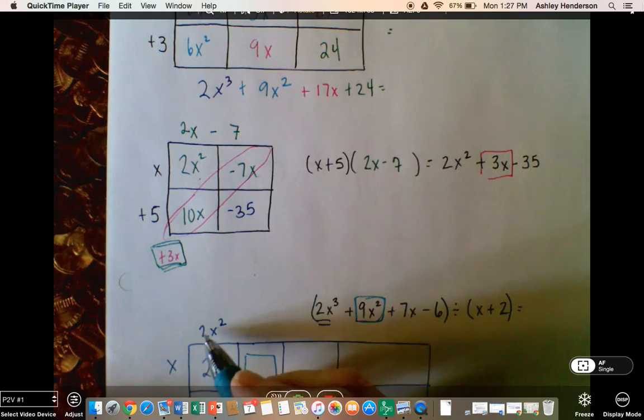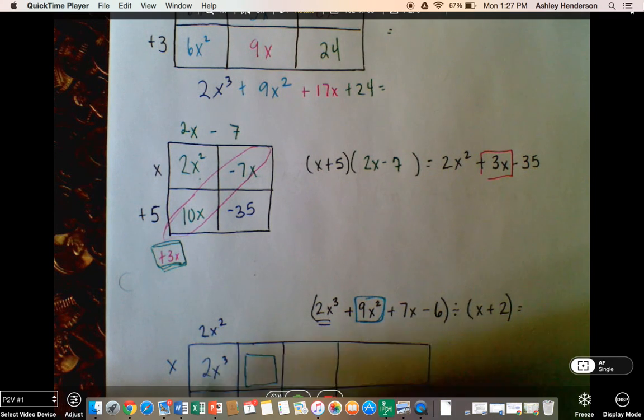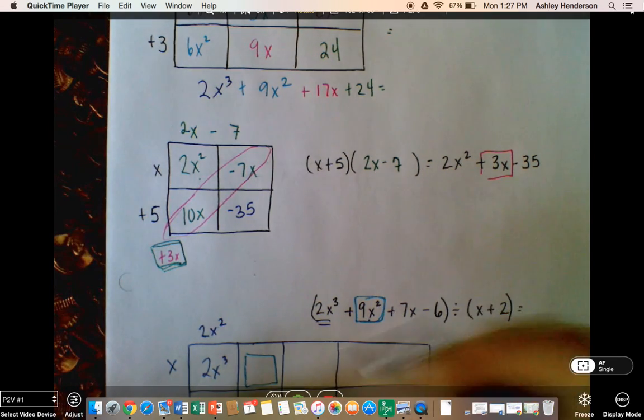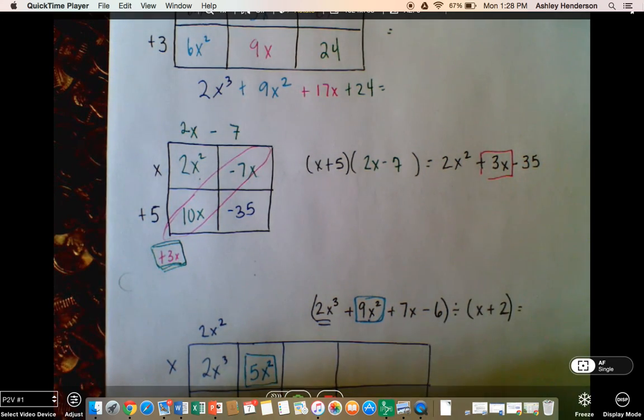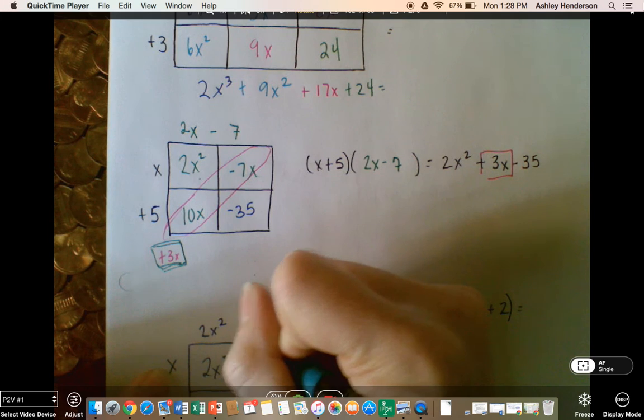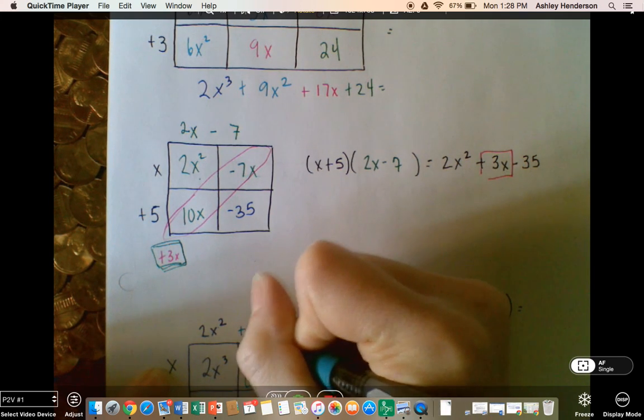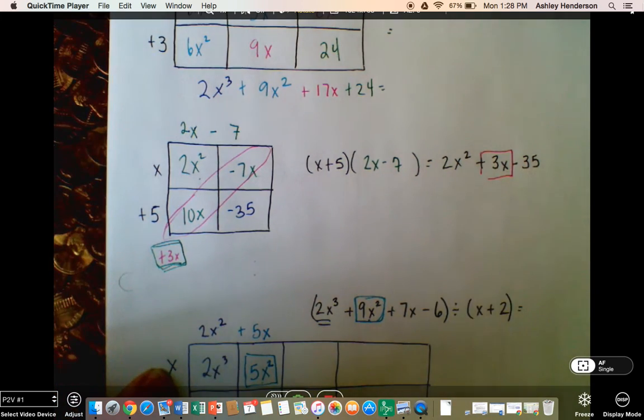I can figure out this one by saying 2 times 2x squared is 4x squared. I have 4x squared, I need to get to 9x squared, so 5x squared, which means this piece right here has to be 5x.